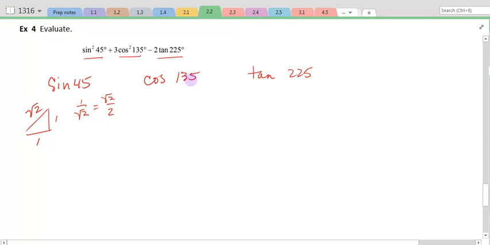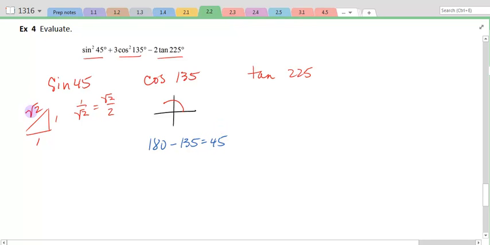Cosine of 135. Okay, cosine of 135. 135 is not acute, so we know that if I'm talking 135, I'm somewhere over here in the second quadrant. So I'm going to say 180 minus the 135, and I find out that that in fact is 45.